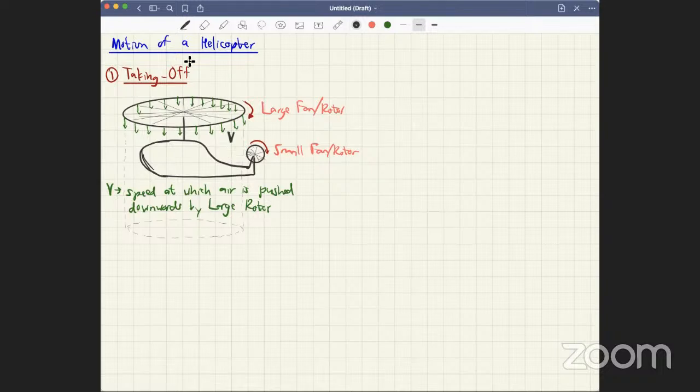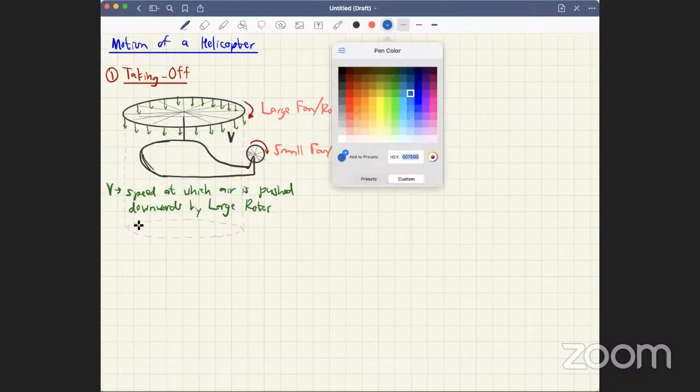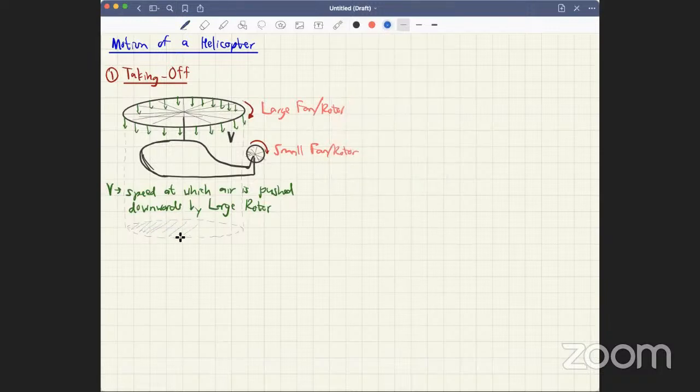Right. Now I'll consider this cross-sectional area here. Let's say this is the cross-sectional area of air pushed downwards.